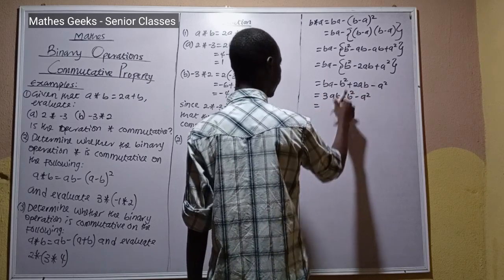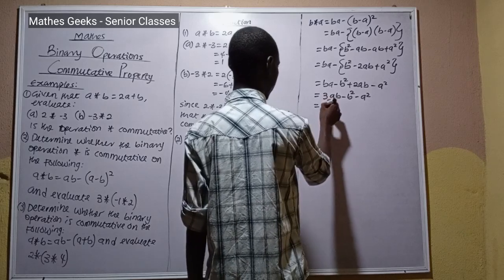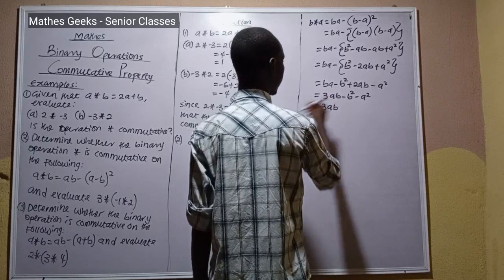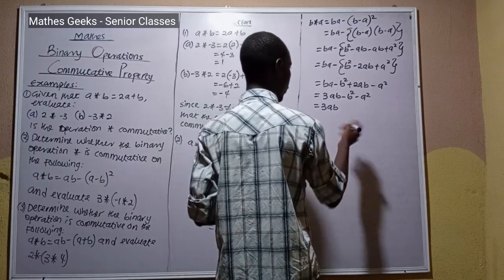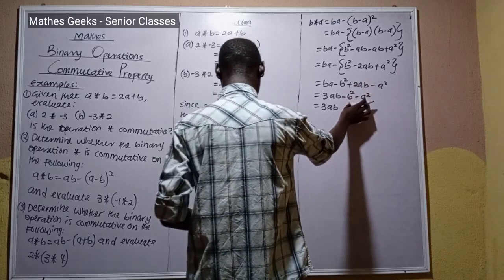So if you change the order alphabetically, A, B, minus A squared minus B squared is still the same as what we have here.